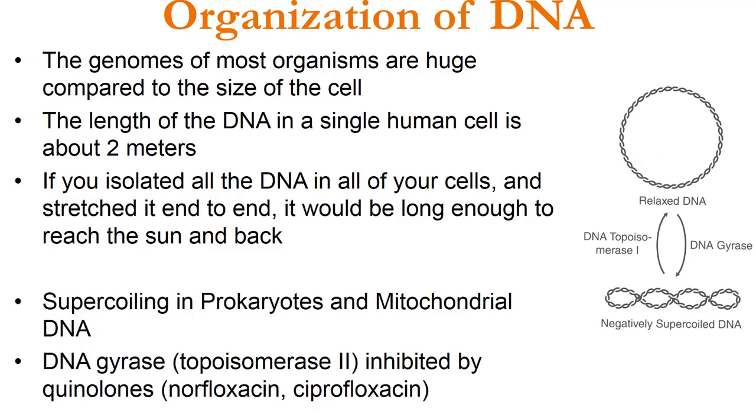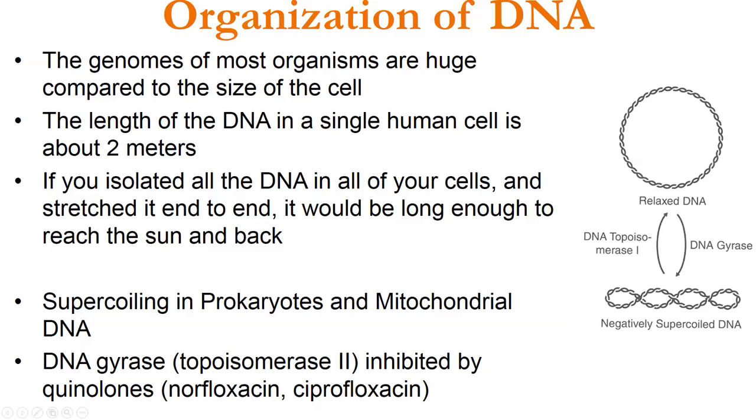So that's a huge piece of DNA to try to fit not only inside the cell, but in eukaryotes, all inside the nucleus. So somehow we have to compact that DNA. That was just a little FYI. It's not something I expect you to memorize about the length of the DNA. It's just to wrap your mind around how huge the length of the DNA molecule is.